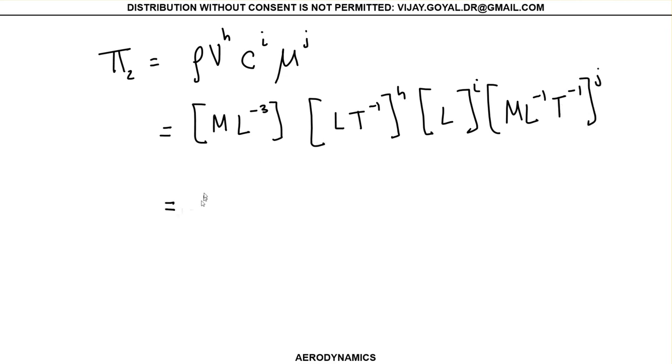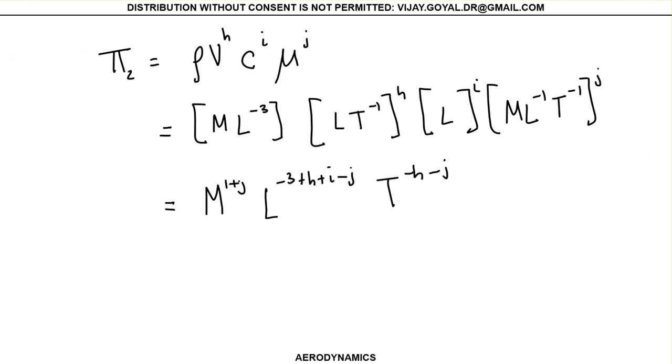And you can see from here, you're going to get M: 1 plus J. I got an M here, 1, and then this times this will give me J. And for L, this will be minus 3 plus H plus I minus J, and then I have time. Time will be minus H minus J. And all these coefficients have to be 0.